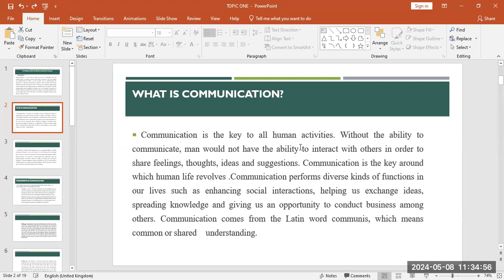You exchanged numbers. That is called social interaction. Communication also helps us exchange ideas on how to do things. Like when you're given an assignment, you exchange ideas on how you are going to go about it.